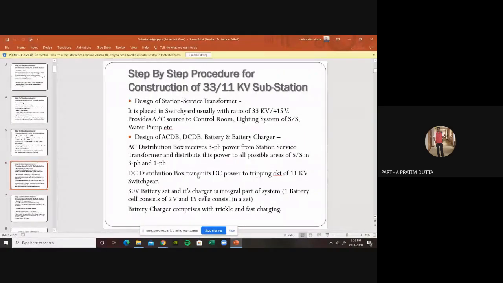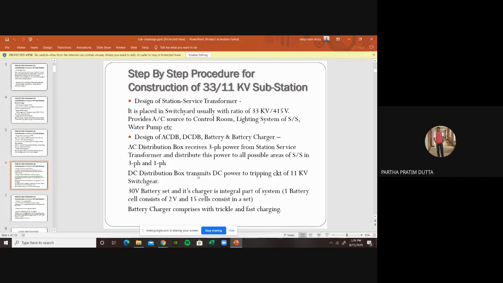Usually our substation is designed for a 30 volt battery charger, 15 cells of battery, each cell of 2 volt we usually choose, and this 30 volt battery set has a charger, trickle charging and fast charging, both are available, and we usually use right now the 35 ampere battery charger.